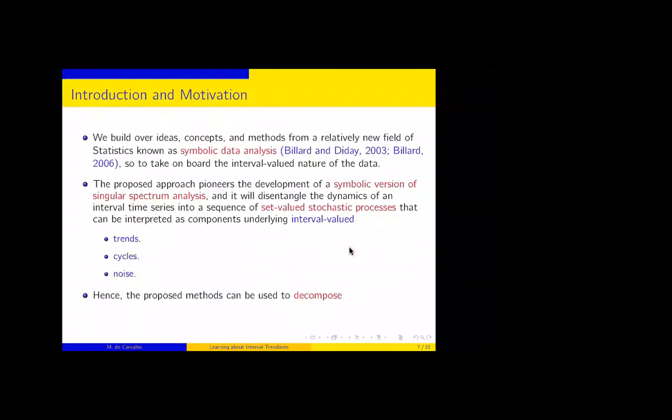Okay, so we can start thinking about, maybe there's a trend line that looks like this, and that is what we'll call an interval valued trend line. So we're really trying to track interval valued signals with this method.